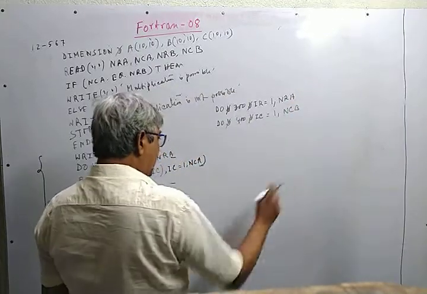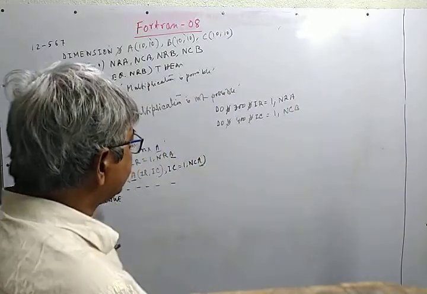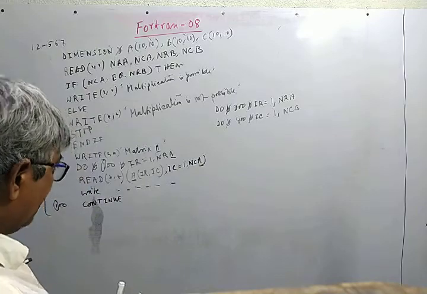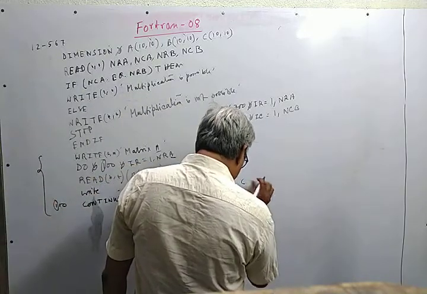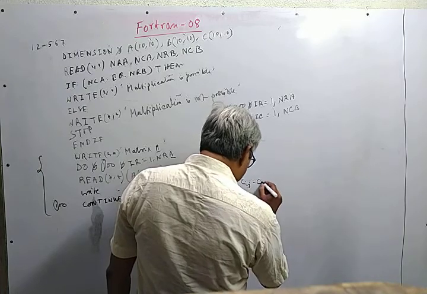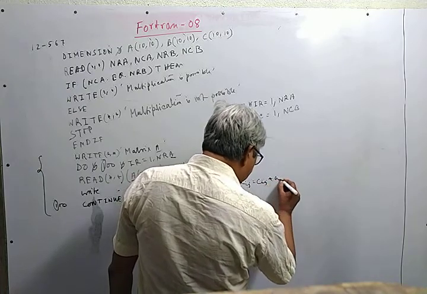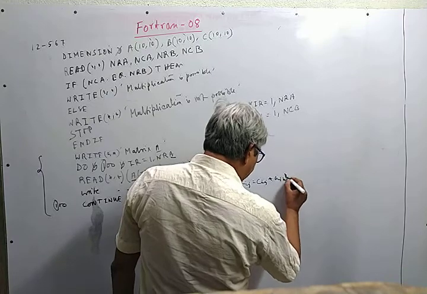This part has been already explained in the theory. Then we are to perform this product: Cij is equal to Cij plus Aik Bkj.